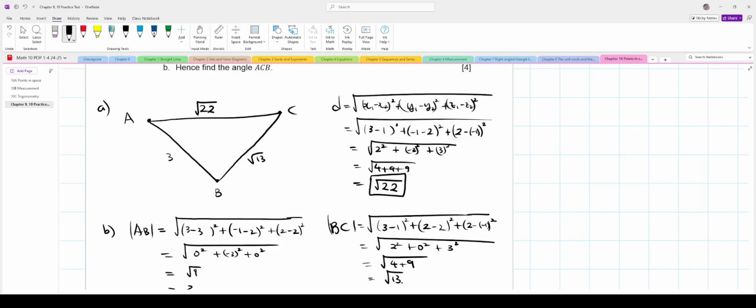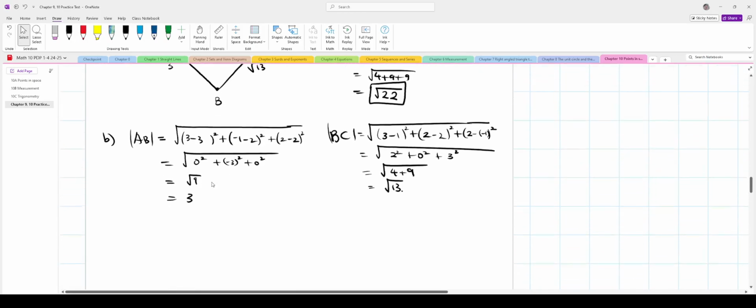So I found the distance between A and B and also the distance between B and C. Now let's use the cosine rule here.